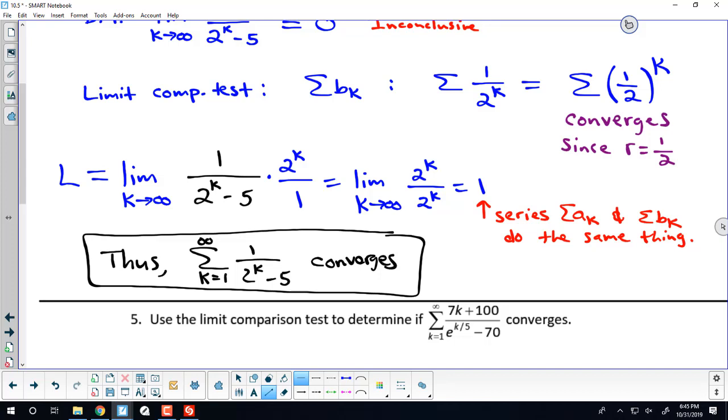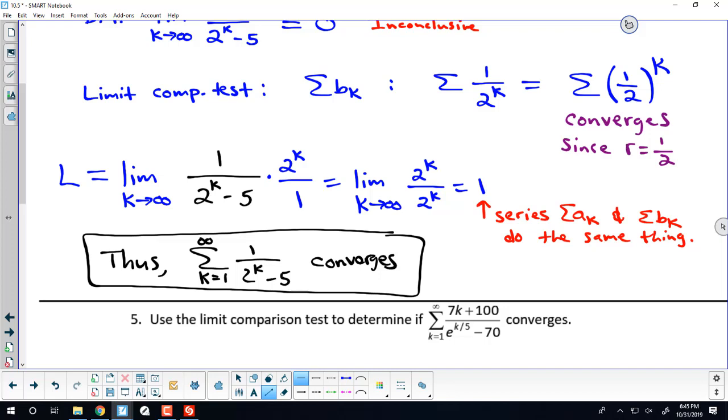Again, what we're showing is that those two series grow at comparable rates, and we've tested it with a convergent series. So the 1 over 2 to the k minus 5 is growing at a comparable rate to that of a convergent series, so it converges.